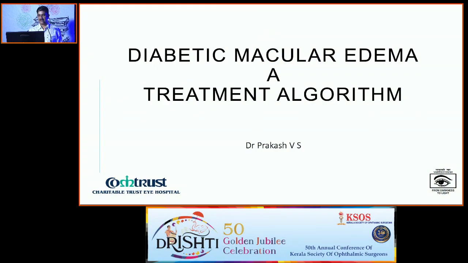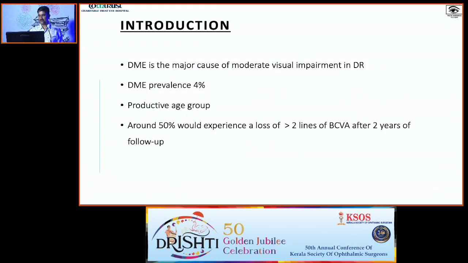So my talk is a treatment algorithm for diabetic macular edema. As we all know, DME is a major cause of moderate visual impairment, and the sad thing is it happens in the productive age group of people, and that affects their productivity a lot.